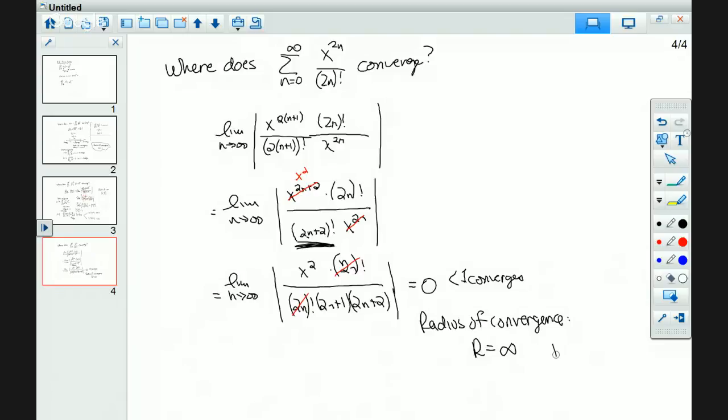You could probably write it like this if you wish. The point being, it gives you no restriction on x values and it converges, so we know it converges on all x values. Good?